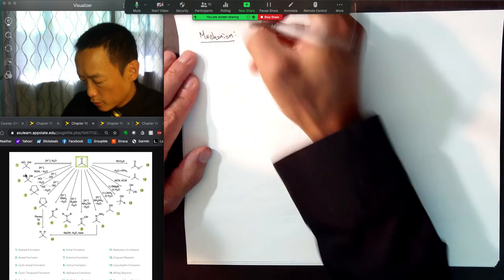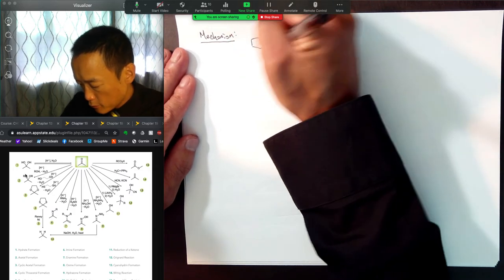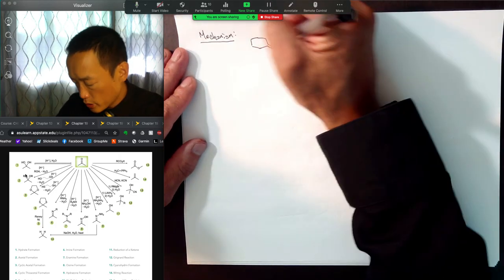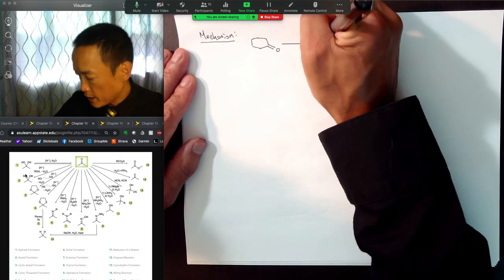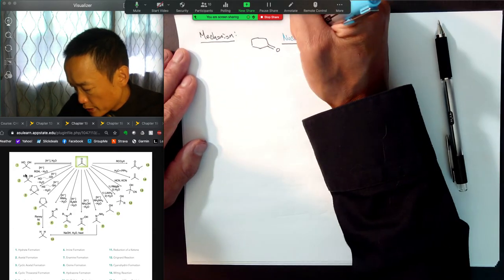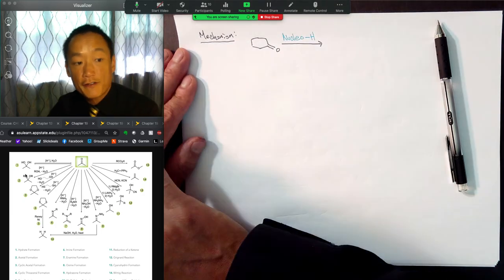And so an example of this, we'll take this cyclohexanone, and we will react it with any sort of weak nucleophile, Nu, and I'm just going to put an H here because all of those nucleophiles have a proton on them.